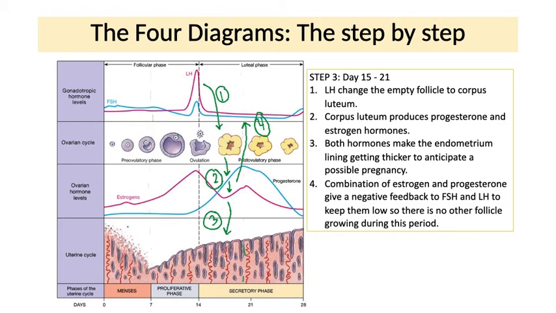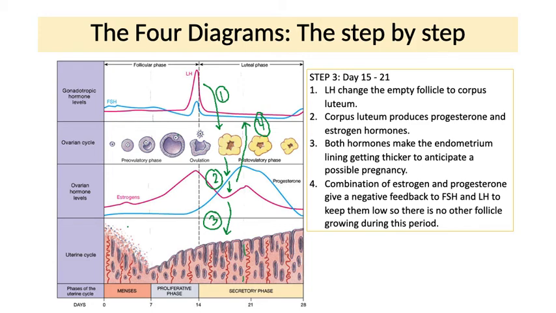They have to be ready because why? A mature egg is now available in the fallopian tube, ready to be fertilized. The endometrium lining also has to be thicker so that if implantation happens anytime, it's already available for the embryo to do the process.